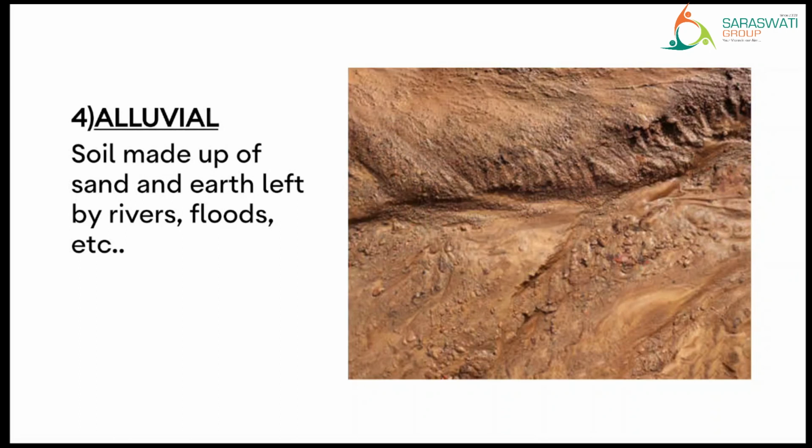We talked about silt, right? I told you that water carries silt along with it, and this silt gets deposited on the river banks. See here in this picture, you can see small dust particles that are deposited on the land.